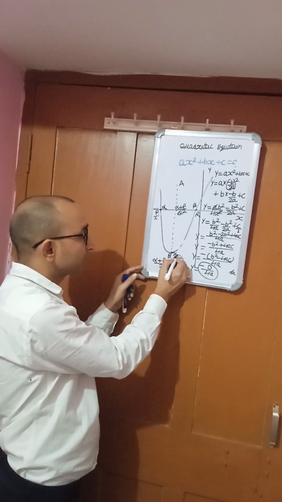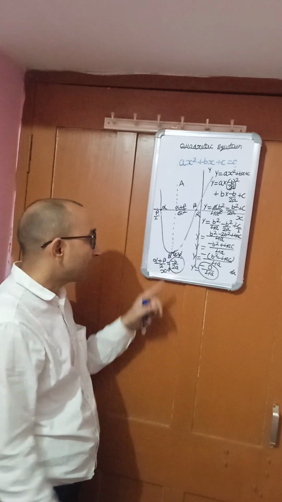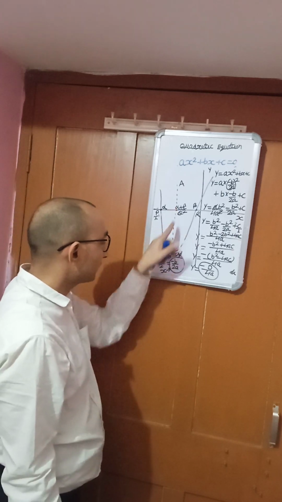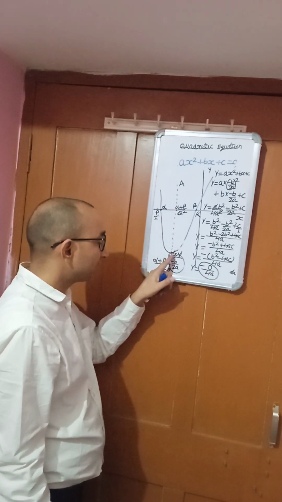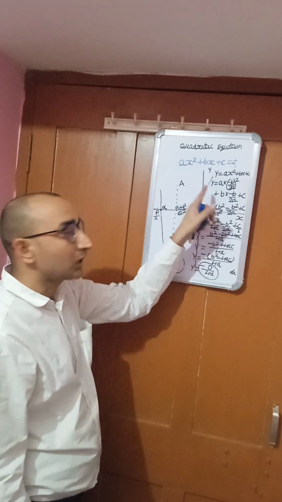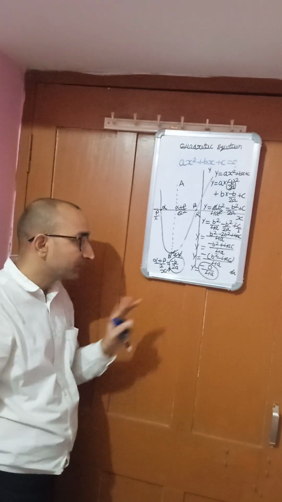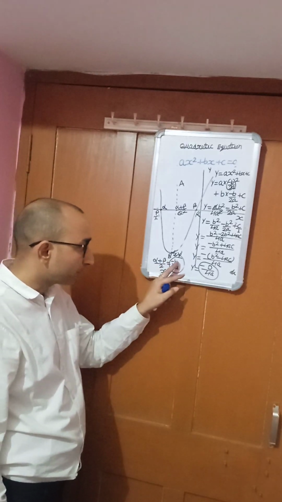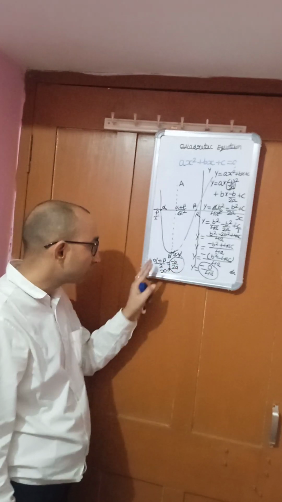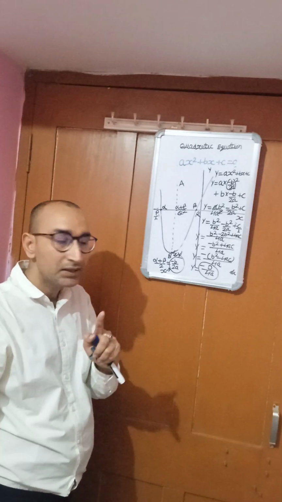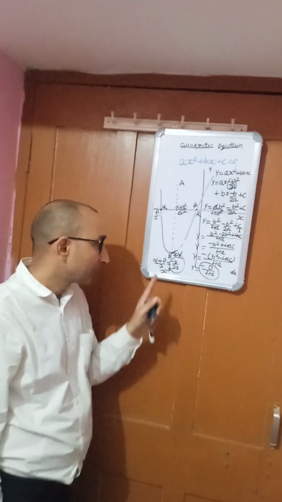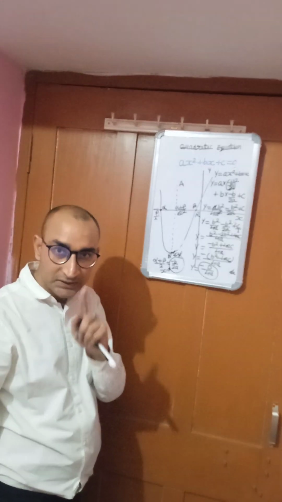Vertex is (x, y) here, and I have found the value of x is alpha plus beta by 2. We know alpha plus beta equals minus b by a.